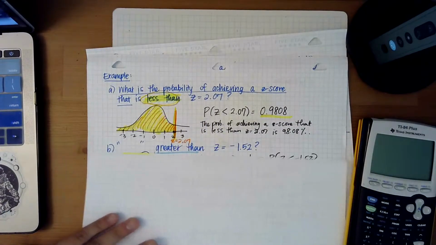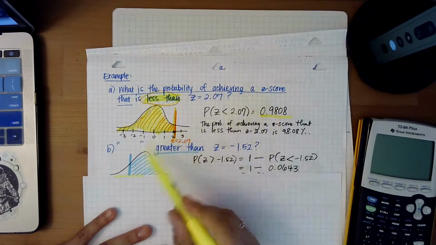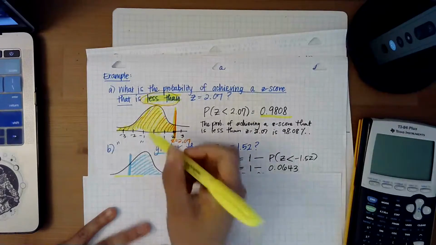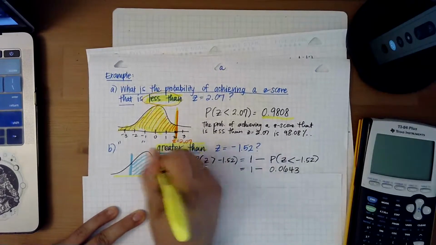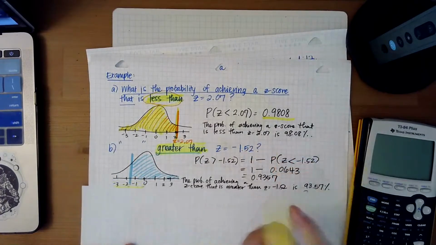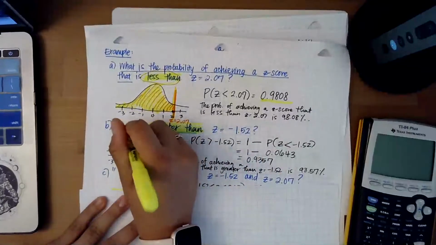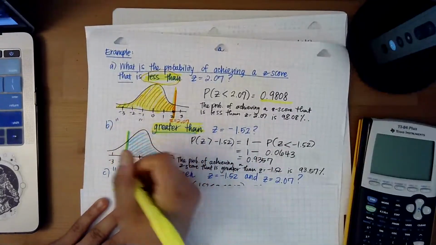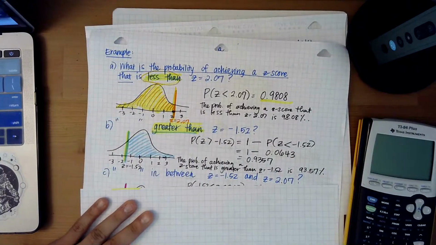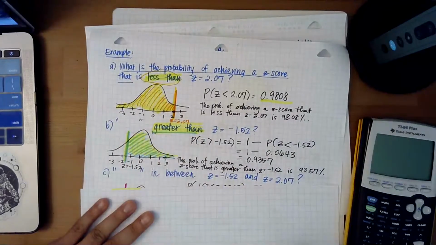Okay. How about finding the probability of achieving a z-score that is greater than? So now I'm looking for greater. These are context clues that are going to show you exactly how you're going to shade. Z is negative 1.52. Again, draw my little z-curve, identify the z-value. Negative 1.52 is over here between negative 1 and negative 2, closer to negative 2. And I'm going to shade to the right because it's asking for the probability of it being greater.